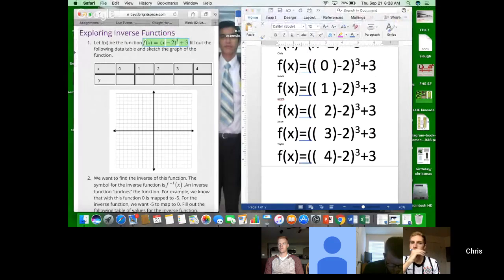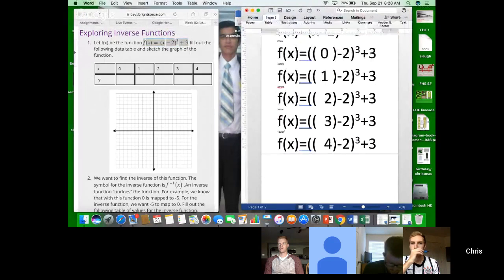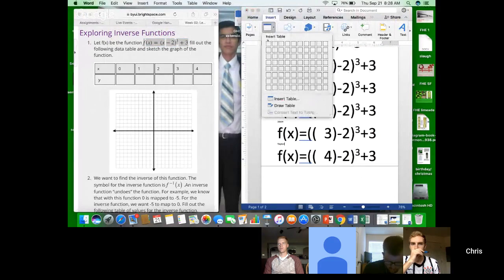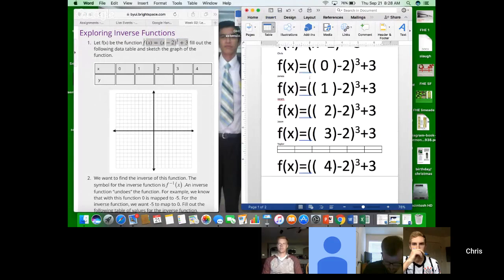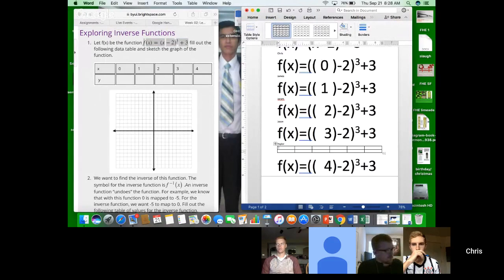Okay. Let me make a little diagram so we can get that in there. You want it to be 2 by 6. 1, 2, 3, 4, 5, 6. Ah, dang it. Okay.